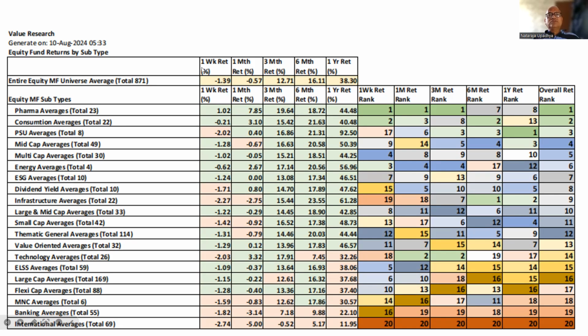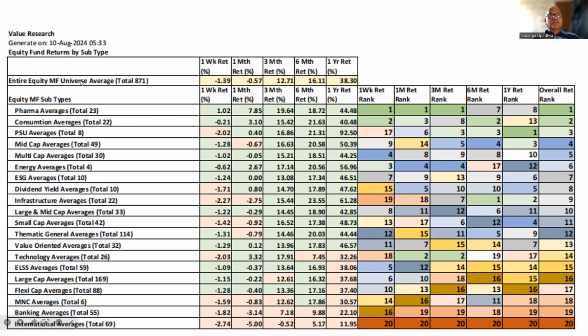As usual, the performance is given for the timelines 1 week, 1 month, 3 months, 6 months, and 1 year. So these are the 5 timelines. For each subtype, the average return is given, based on the average of the funds in that subtype.